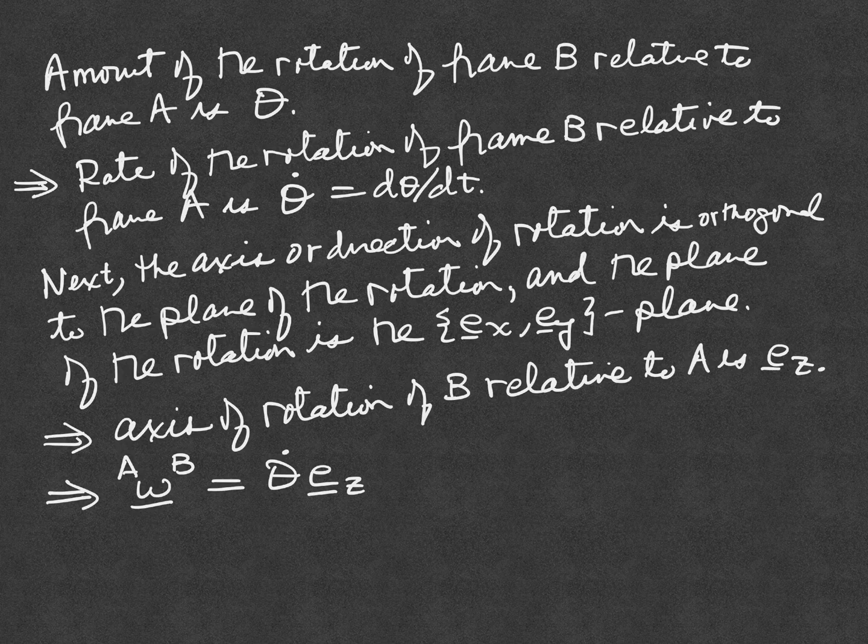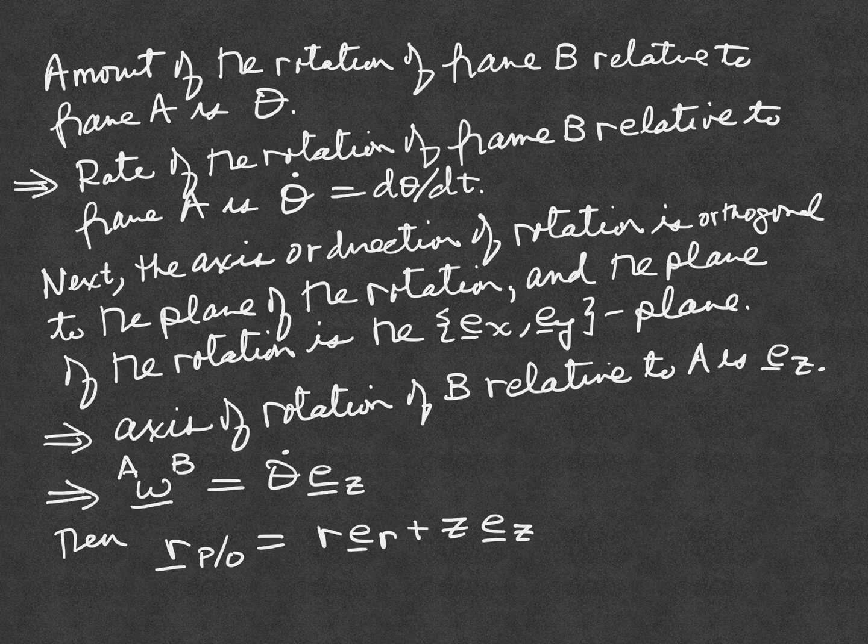So we now have two pieces of information. We know that the position of P relative to O can be expressed in the basis ER, E theta, EZ as R ER plus Z EZ.